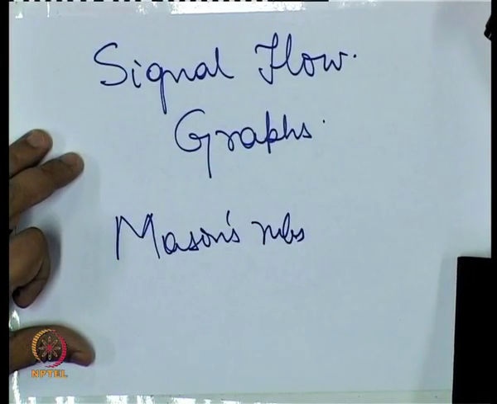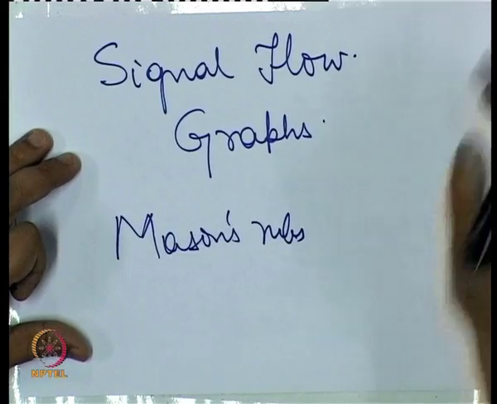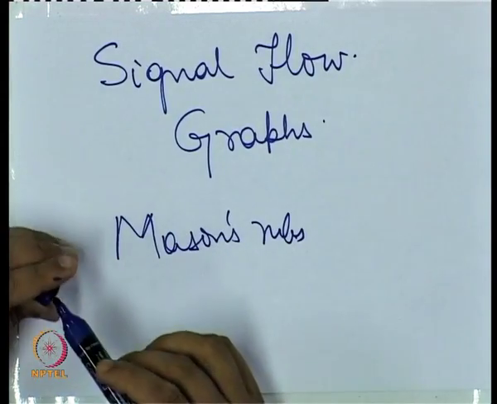At that time, I had mentioned that there are some rules and also discussed some ways of simplifying a signal flow graph. In addition to the methods that we discussed then, there is also something called Mason's rule, which is somewhat of an easier way of achieving the simplification of signal flow graphs.